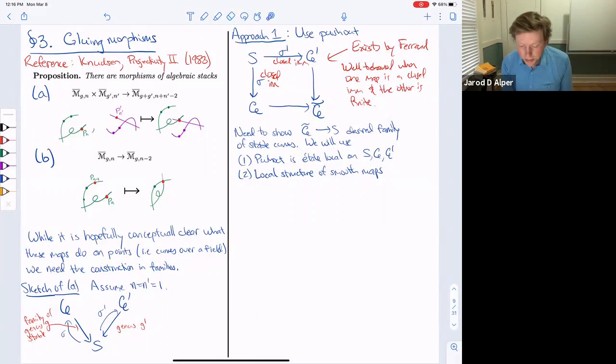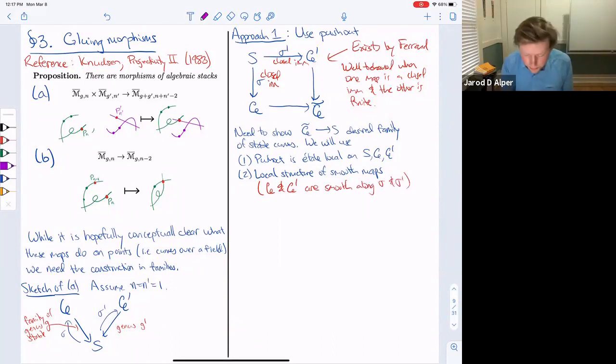And what we need to show is that the pushout is the desired family of stable curves. What we're going to use is that the pushout is an étale local construction, and we'll use the local structure of smooth maps. We note here both C and C prime are smooth along these sections.